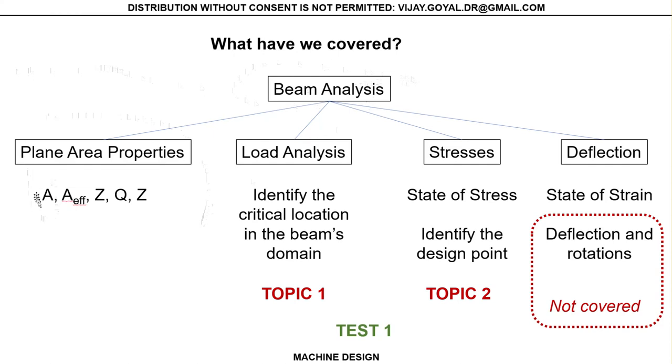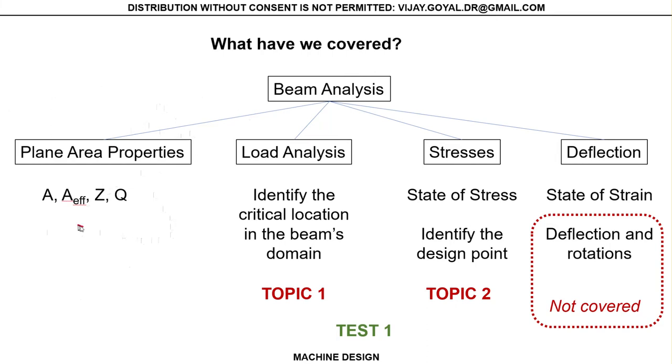That will be the cross-sectional area that's used for the axial load, the effective area used for your shear load, your bending section modulus, section constant, and then you have your torsion parameter. These are all functions of your cross section.